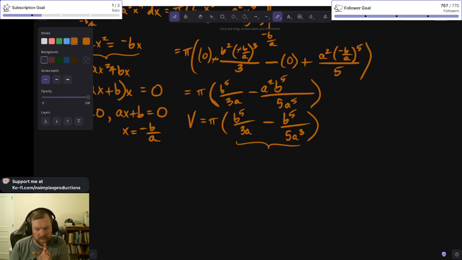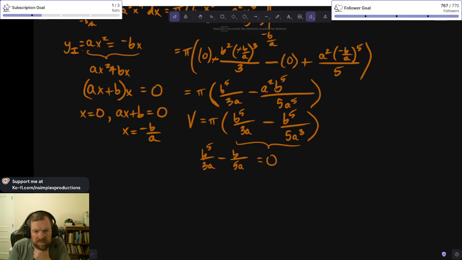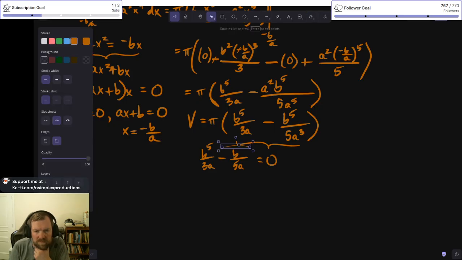Okay, let's just suppose for a minute that these are supposed to be equal if this is constant, independent of A and B. What the hell was that?